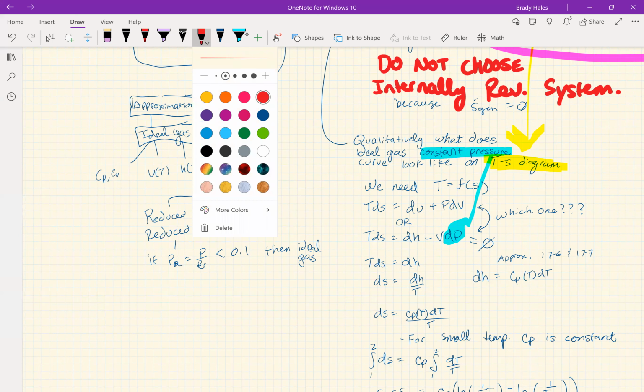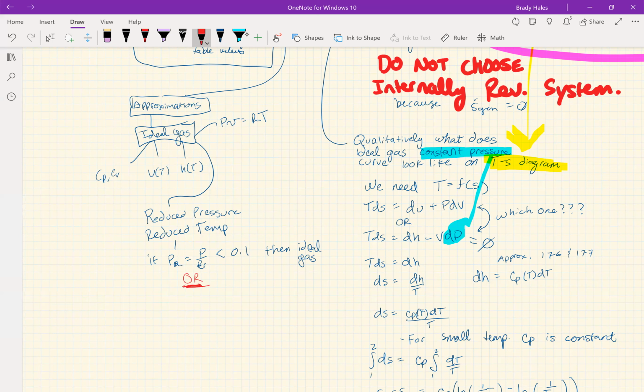Or, and I'd like to just point out or, T reduced is equal to T over T critical. If that is greater than 2, then ideal gas. So only one of these has to be true.